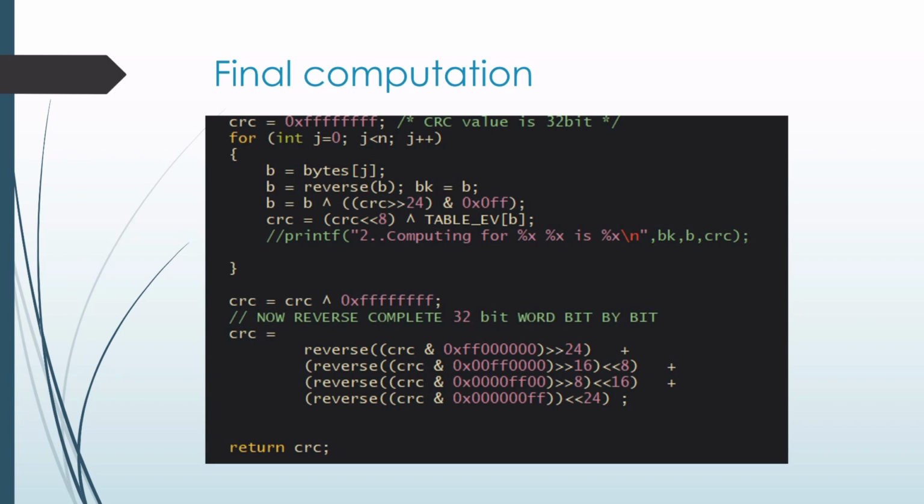Then you take this byte and XOR it with the CRC's highest byte, which is the FF here. In the very beginning, it's FF. Later on, it'll change the state, and I'll show you with an example.